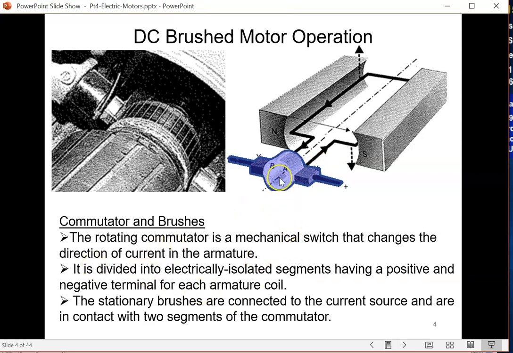This side has to change all of a sudden from positive to negative, the other side from negative to positive, and it causes something called an electrical arc. That can cause other damage to the commutators and brushes.